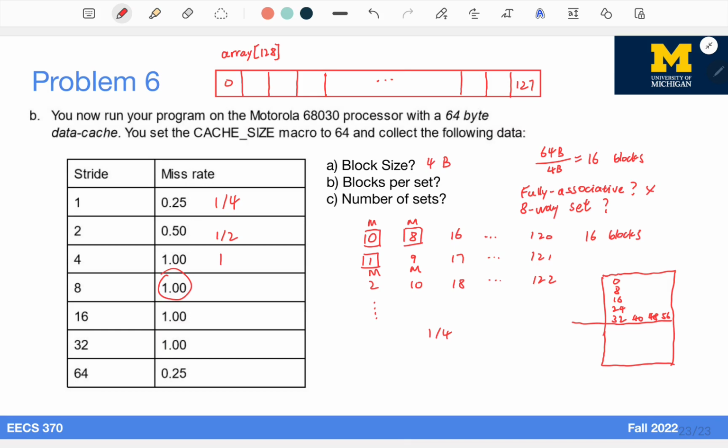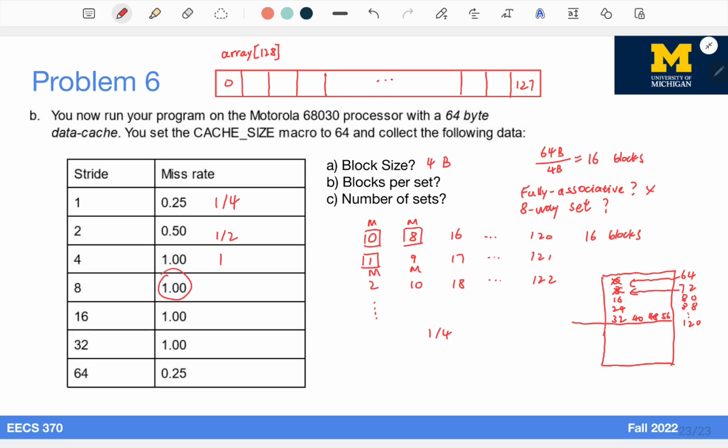And similarly, 64, 72, 80, 88, and so on, until 120 should also be inside set 0. Therefore, when we fetch in the block for 64, we have to evict the block for 0. And when we fetch in block 72, we have to evict the block for 8.